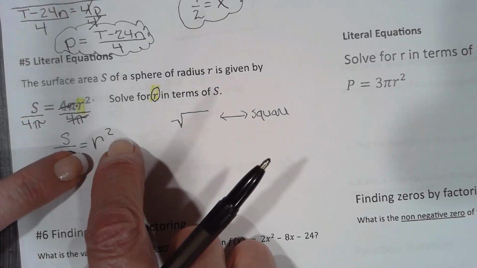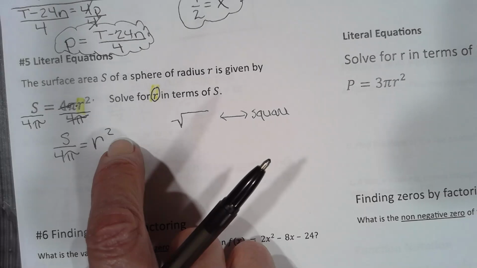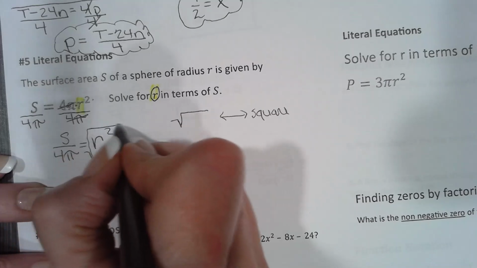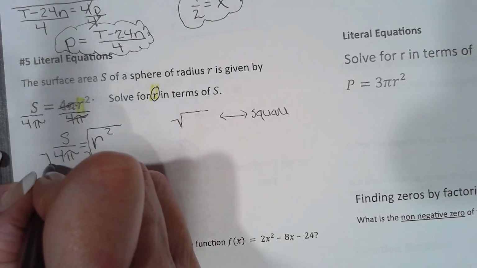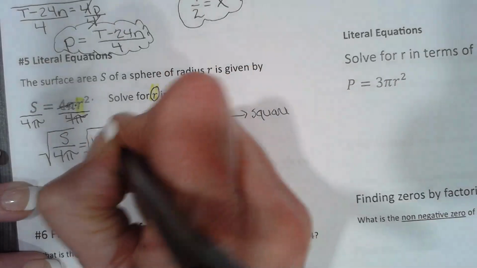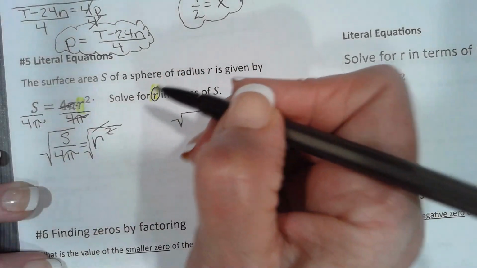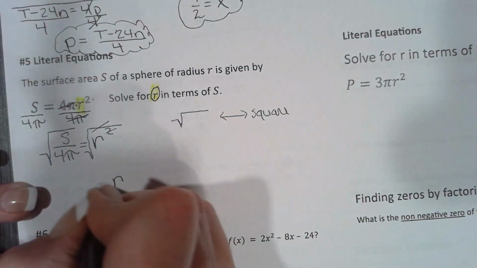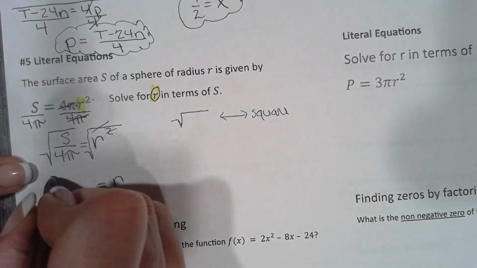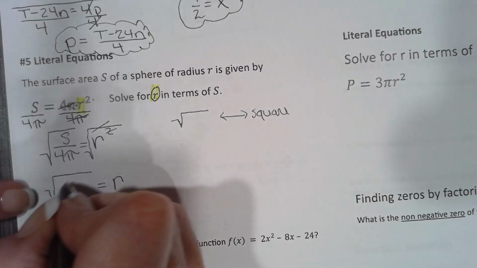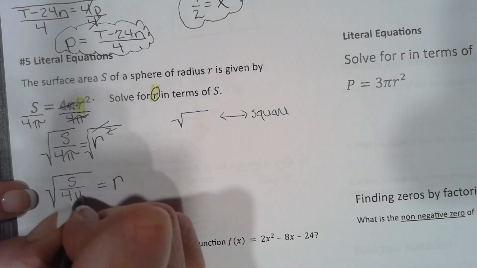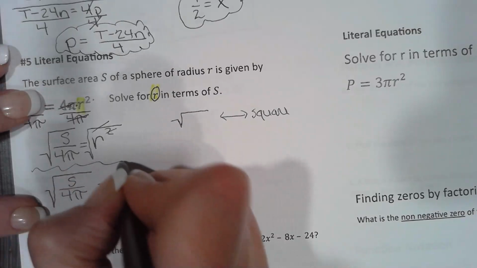So I'm going to take the square root of both sides. The square and the square root cancel each other out, leaving me with an r. And then remember, for my answer I'm just going to have an expression with variables: the square root of s divided by 4 pi.